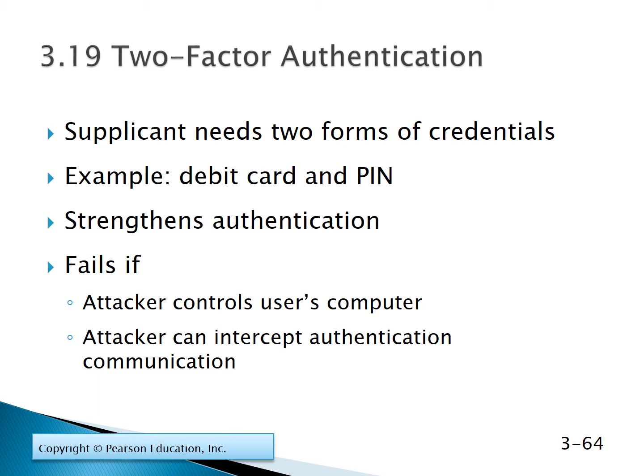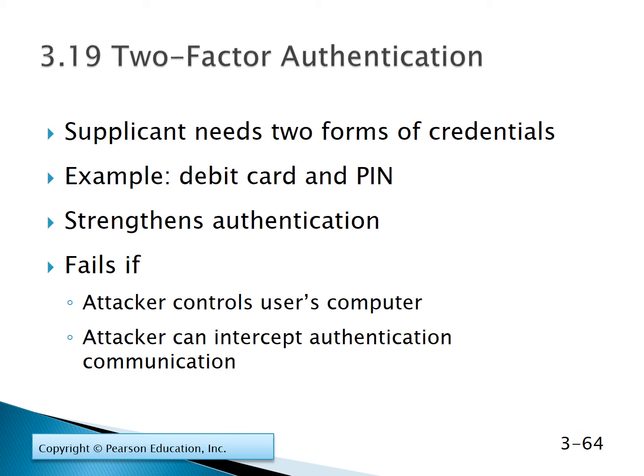Some websites will require you to have a token device. It's a small device that will generate a code based on the current time. So you need to enter that token code and also your password at the same time to a website. So this is also quite popular among banking websites.